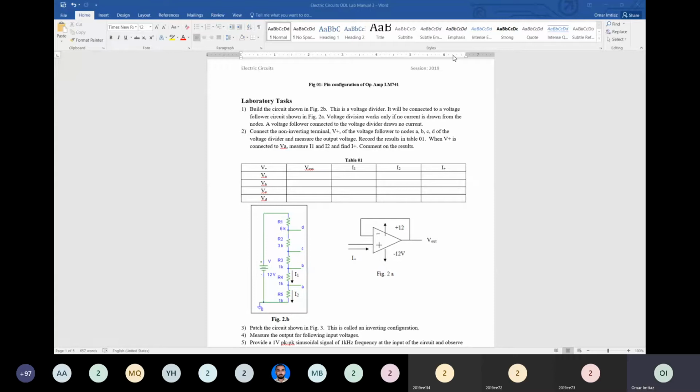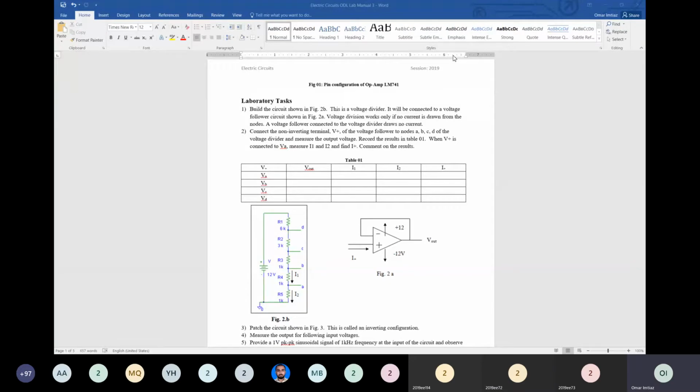Do you guys see the two circuits on the board, 2A and 2B? Yes, sir. Okay, great. So 2B is a voltage divider circuit, and you can see that it is energized with a 12-volt source.